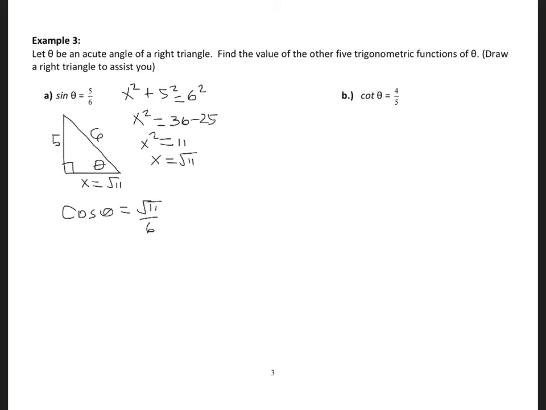Since we have sine and cosine, let's find tan of theta, which equals opposite over adjacent, so 5 over square root of 11. Remember, you could rationalize these ones, but I'm not going to do the rationalization there.